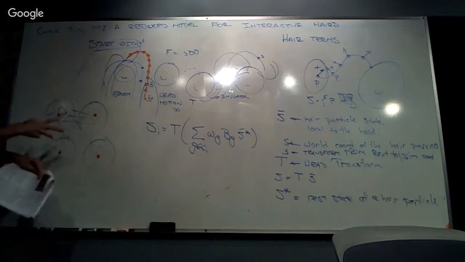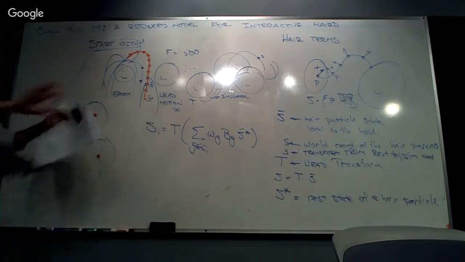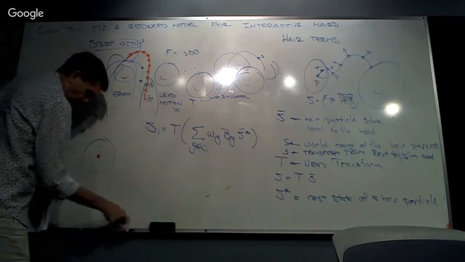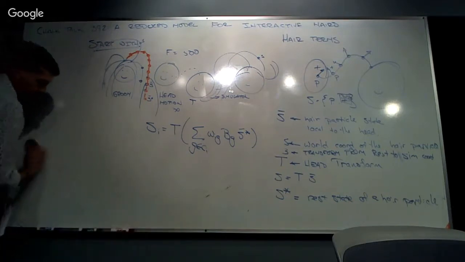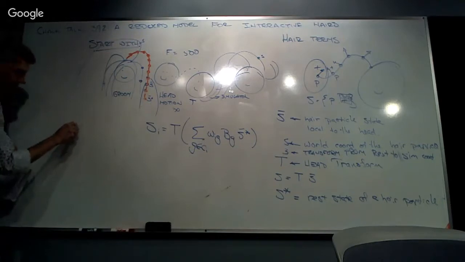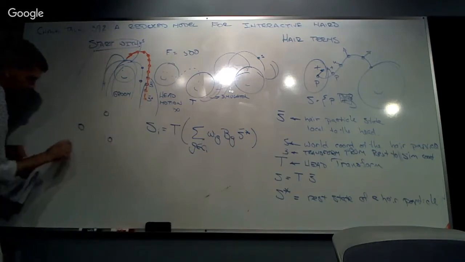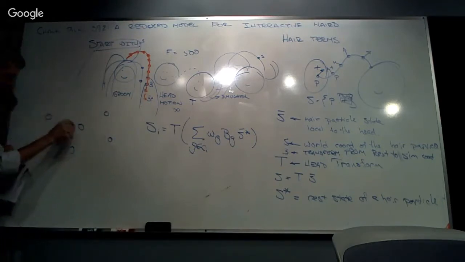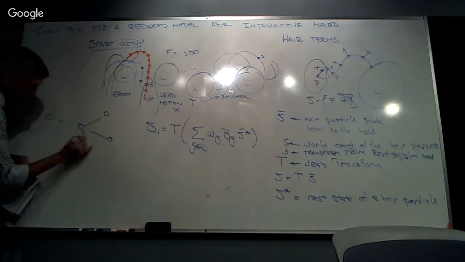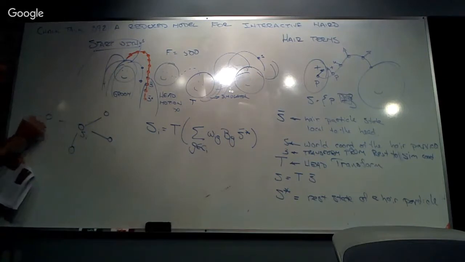We did a scrunch down of it to get the guide hairs, and then we're done with that. We're going to go back to the original one where we have all the connections between all the particles. So if I go back to that original graph, and I have a particle in here, and I have other hair particles that are connected to it, I'm interested in this particle S sub I and the guide particles that have edges between them.